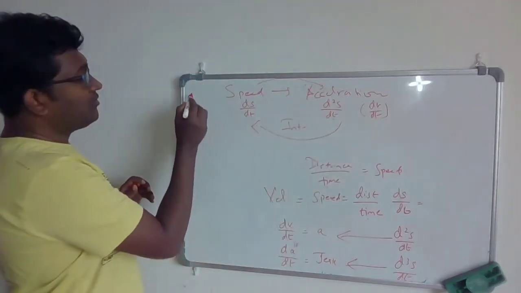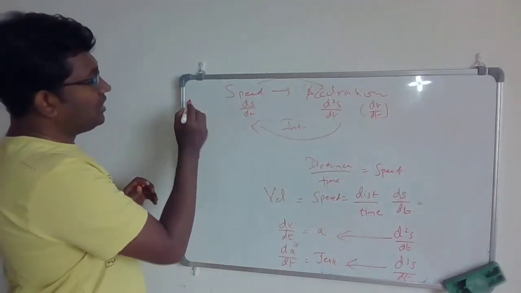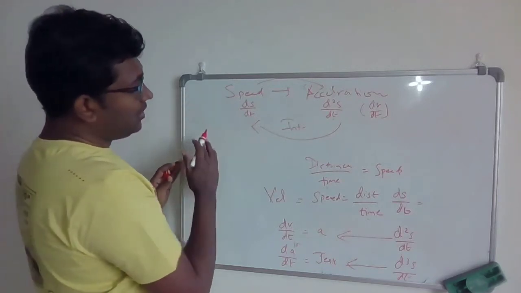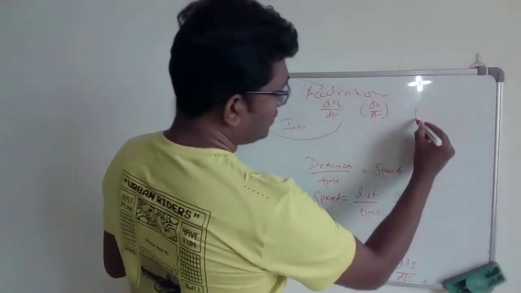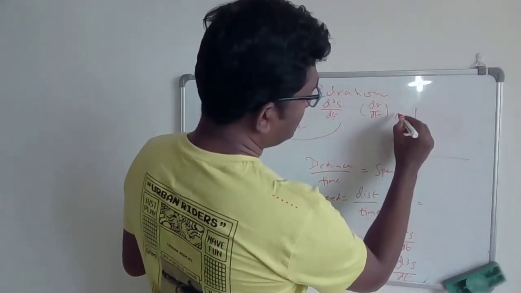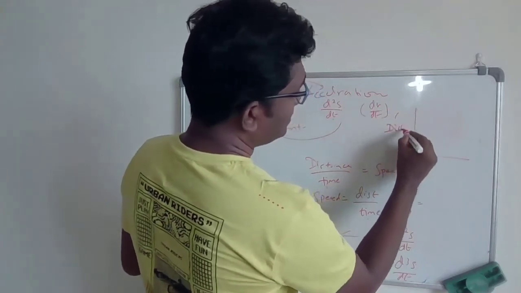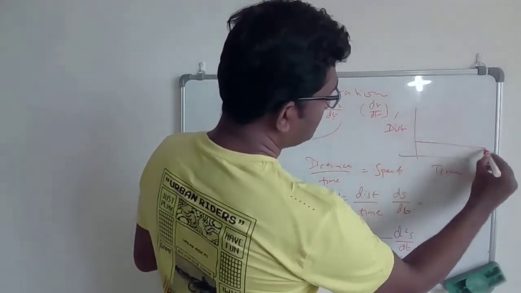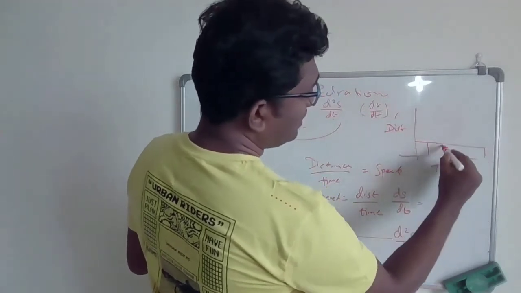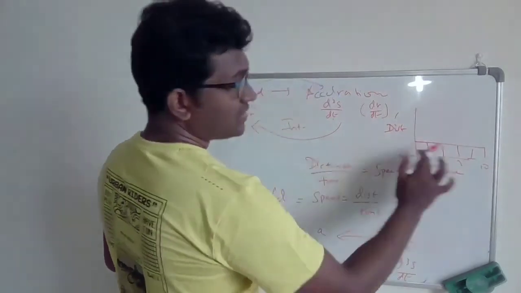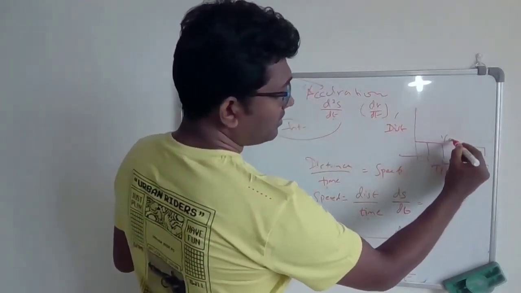Similarly, if you wanted to find the distance, you can integrate the graph I showed you, right? Okay, you want to find the distance, and you have the time. You have constant speed, and every 1 second, 1, 2, 3, 4, up to 10 seconds, you have this speed as 1 meter per second.